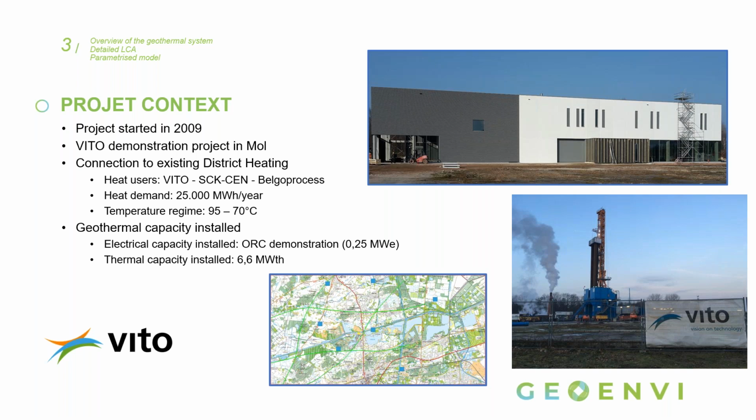The geothermal capacity that is installed is split between an electrical installed capacity with a demonstration ORC of 0.25 megawatt electric, and a thermal installed capacity of 6.6 megawatt thermal.